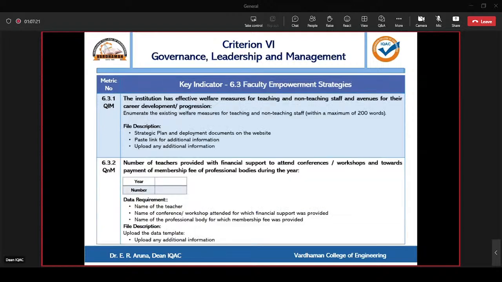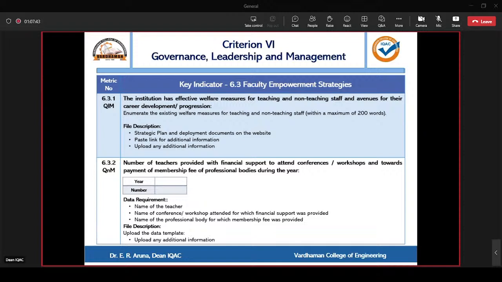I'll move on to the next key indicator, which is faculty empowerment and strategies. As I already mentioned, 6.3.1, which is a QlM: the institution has effective welfare measures for teaching and non-teaching staff for career development and progression. Here, employees are viewed as the greatest asset by the administration.